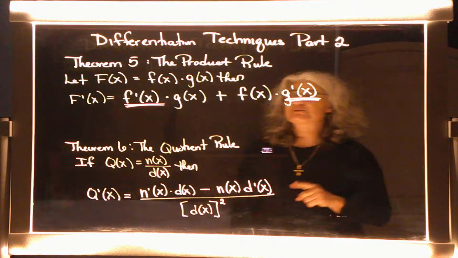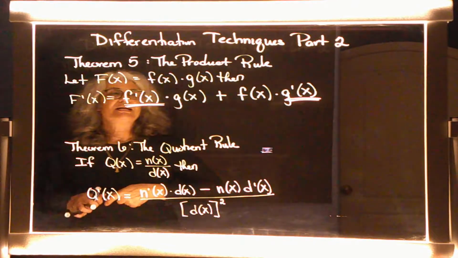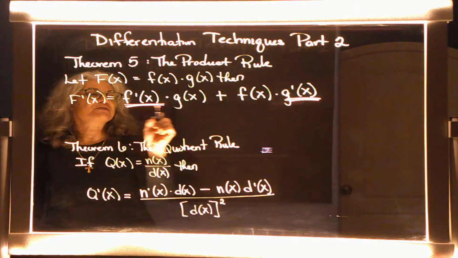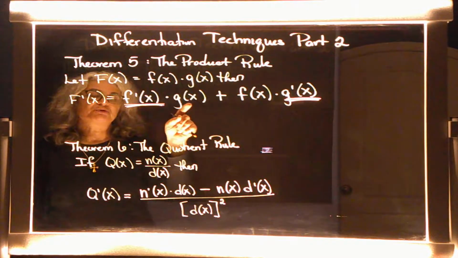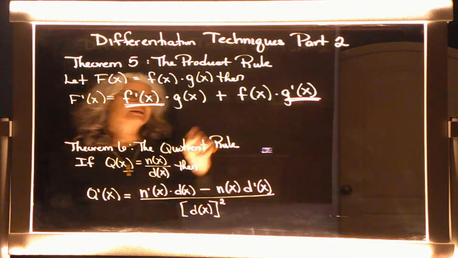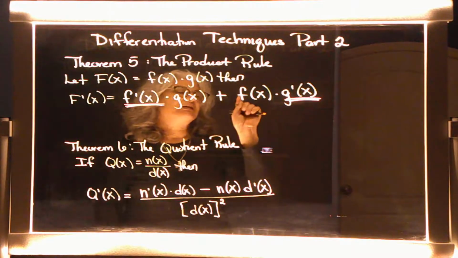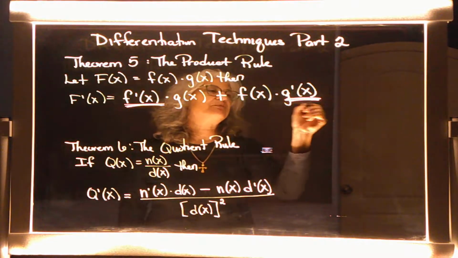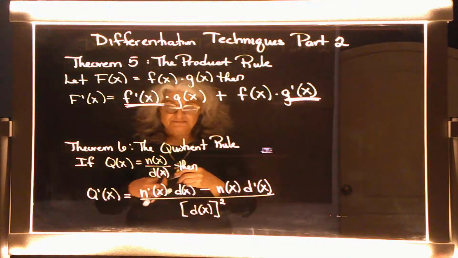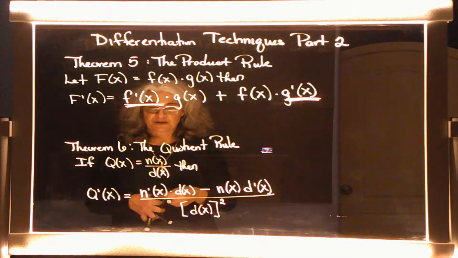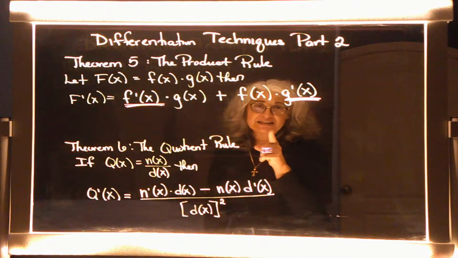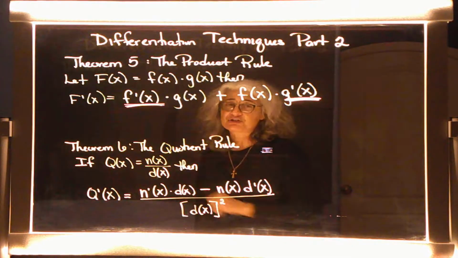So again, the product rule says, take the derivative of the first function, multiplied by the second, adding the first one, multiplied by the derivative of the second one. Good?